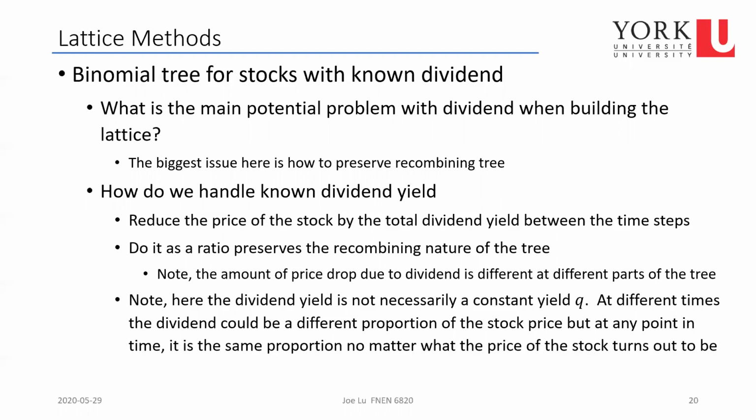The payment of dividends can have certain implications for our tree building. Essentially, if we don't handle it well, we could end up with a non-recombining tree, and that will be undesirable. So the goal is to properly handle dividend payment such that we do not end up with a non-recombining tree.